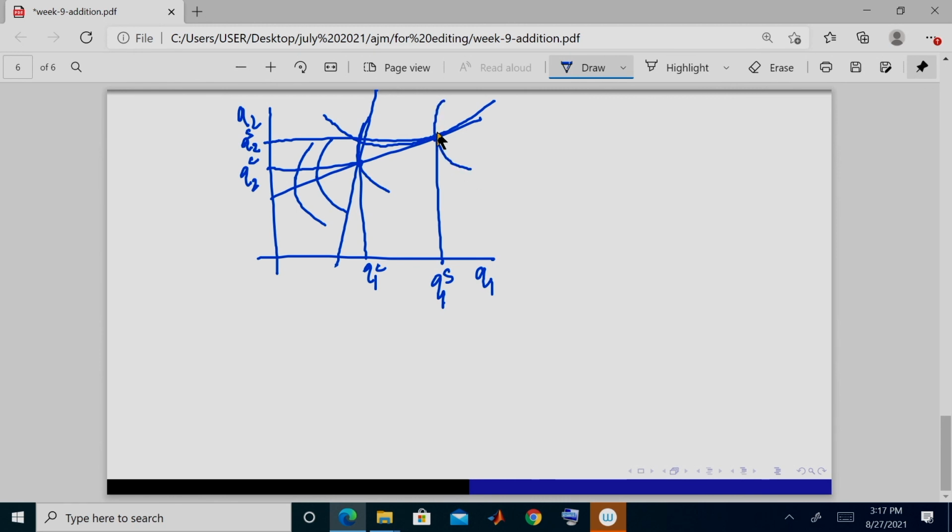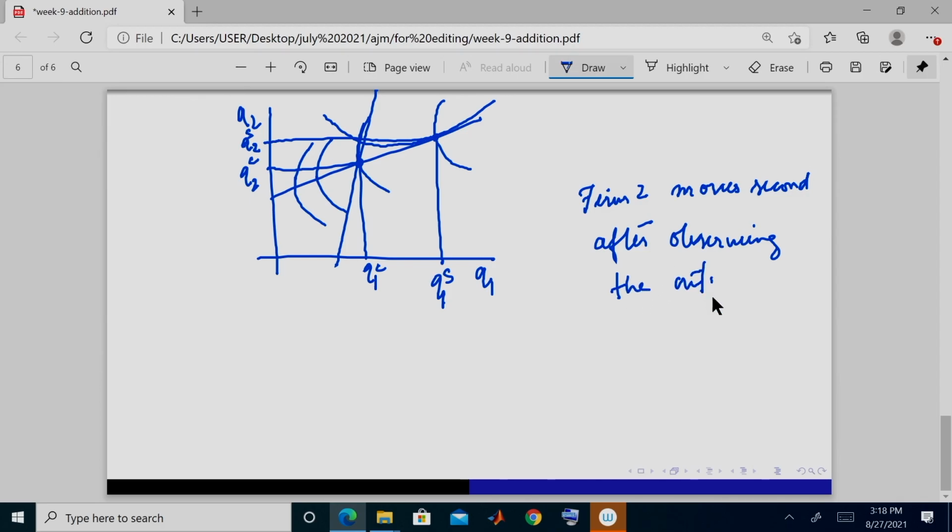So, profit here is more than the profit at this point. So, that is why firm 2 moves second after observing the output of firm 1.